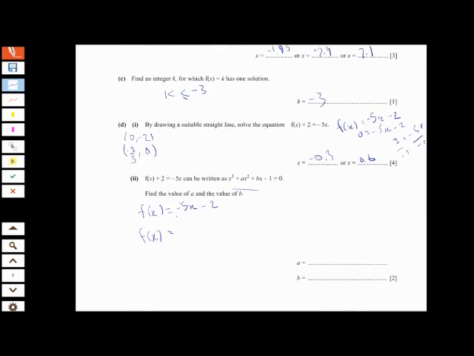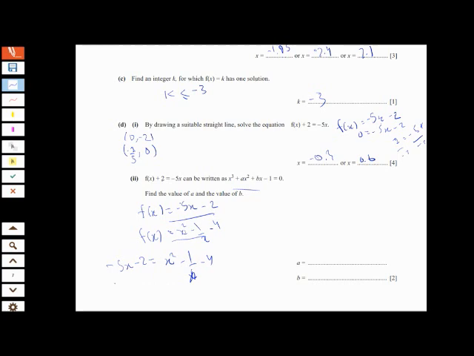So you write it down here. Now f(x) equals these numbers and f(x) equals that, so that means that these are equal. So minus 5x minus 2 equals x squared minus 1 over x, minus 4.